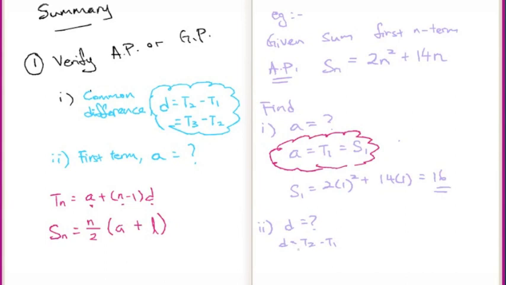this is what I told you earlier. You need to make use of this: T2, the second term, is the sum of two numbers subtracted by the first term, and you get the second number. This is what I meant.